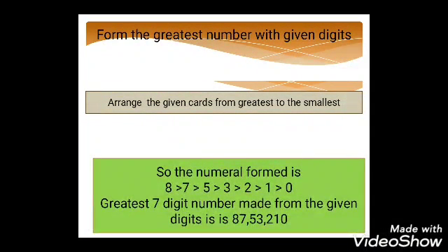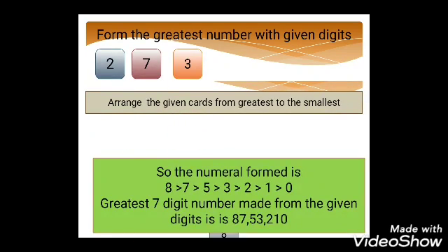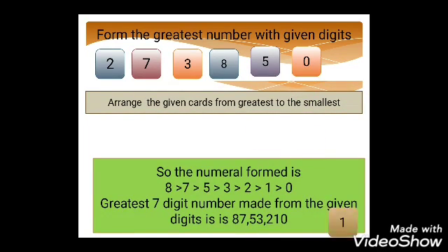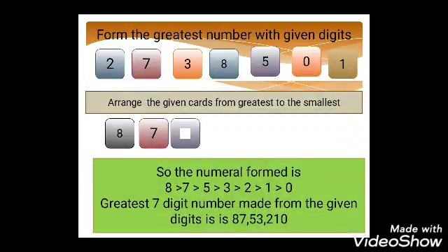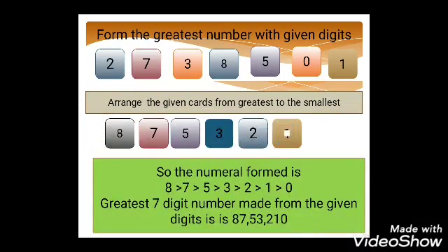So form the greatest number with the given digits. The digits are 2, 7, 3, 8, 5, 0 and 1. Now arrange the cards from greatest to smallest. 8, 7, 5, 3, 2, 1, 0.